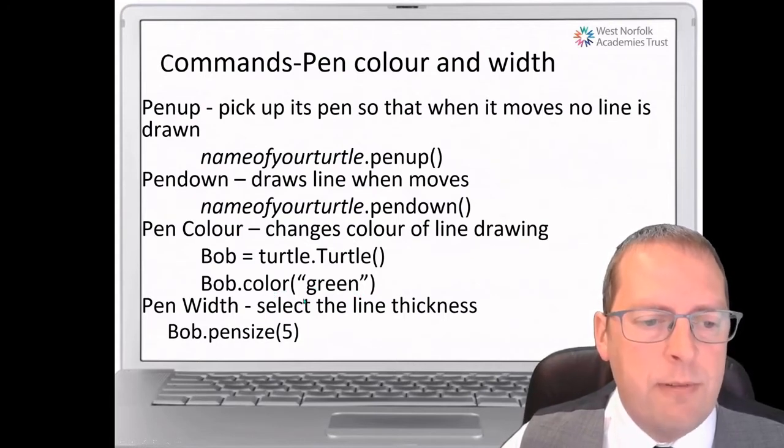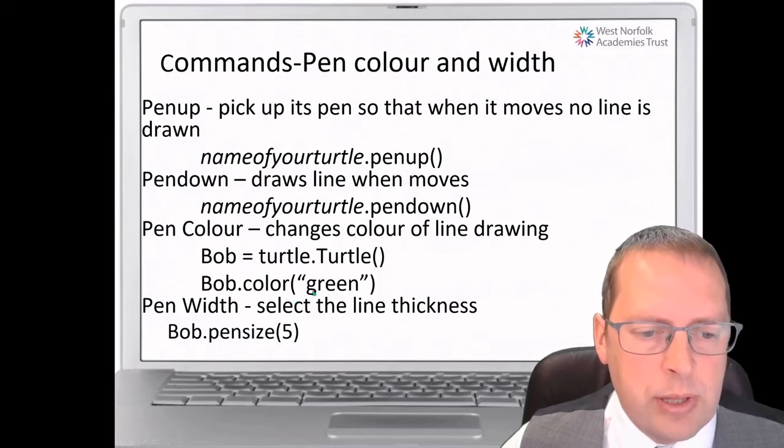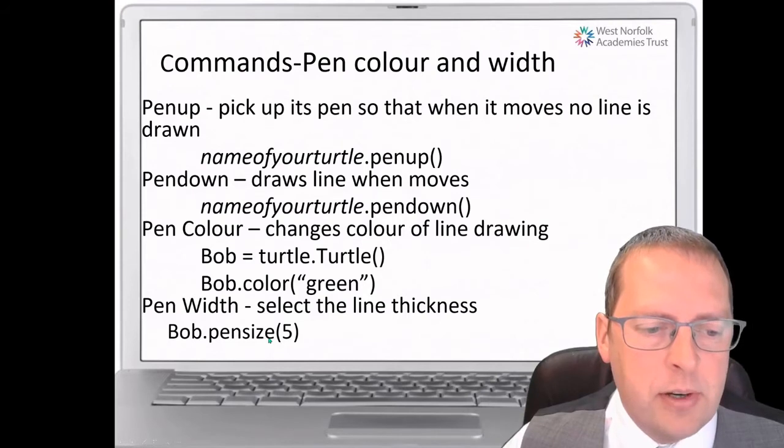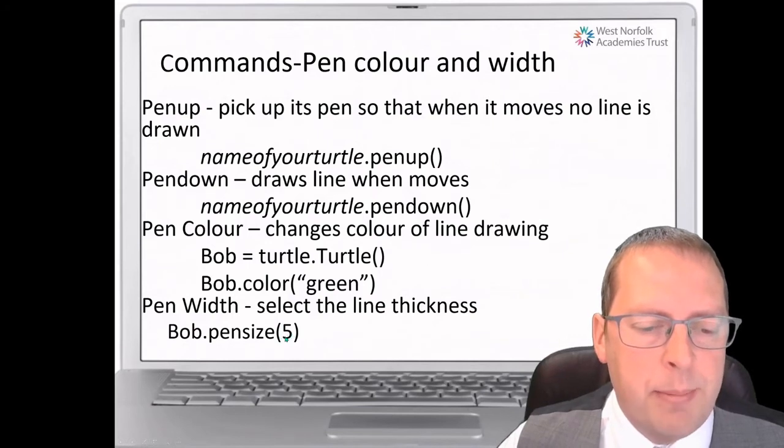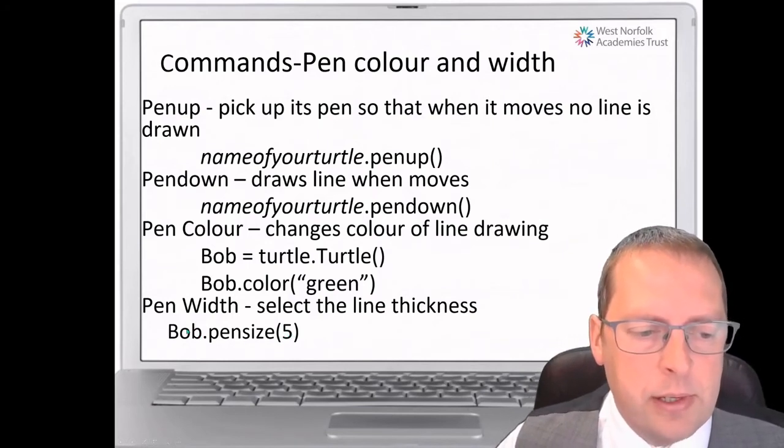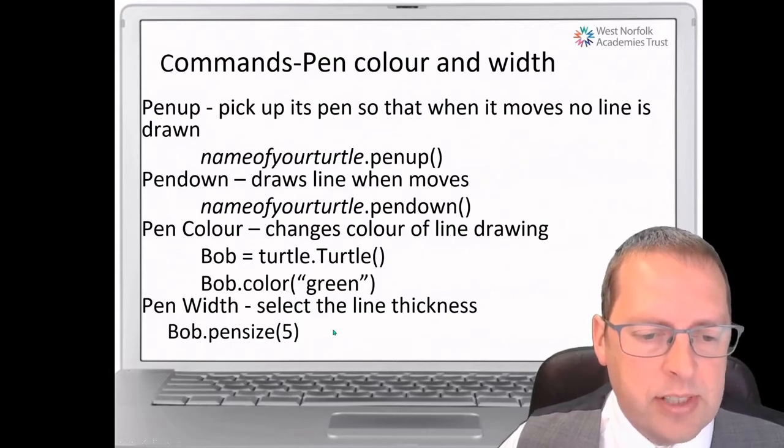And then when we move our turtle, it will draw using the colour you've selected. Similarly, we've got bob.pensize, and in brackets we can put a number, and that's the thickness, how many pixels wide the pen is going to be when we draw. So you can experiment with that to select lines of different thickness.